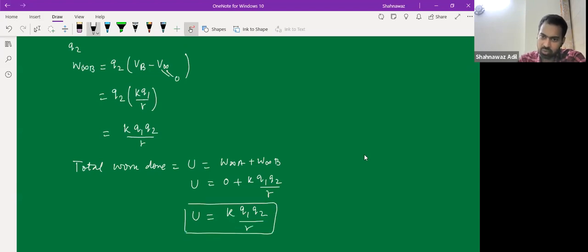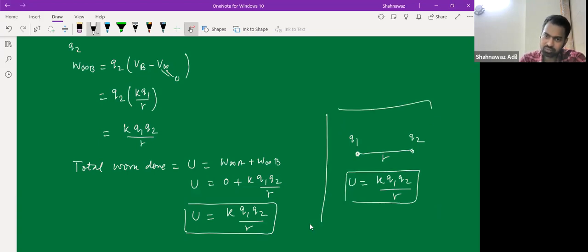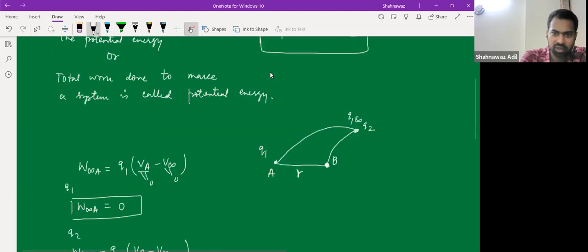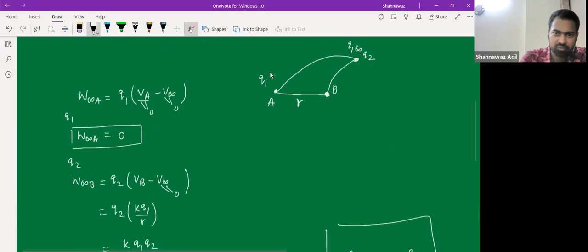So whenever we have two charges Q1, Q2 with separation R, the potential energy would be simply KQ1Q2 by R. Is that clear, guys? Yes, sir. Please note it down. This is for Q1, this is for Q2.